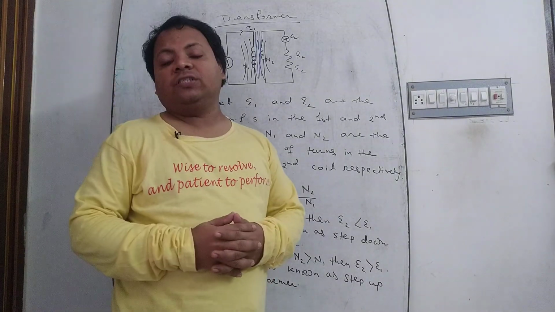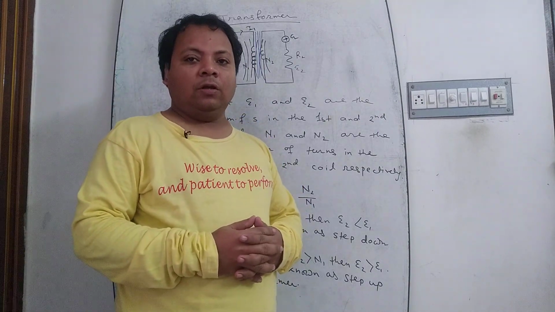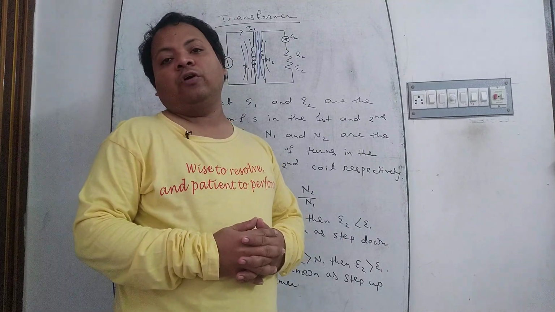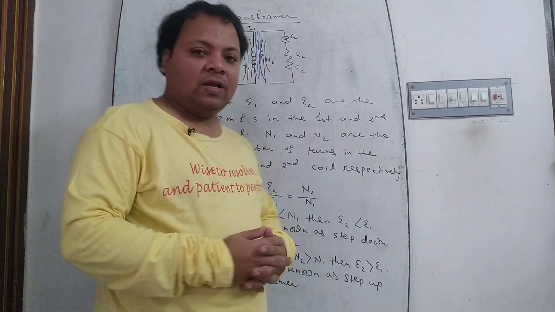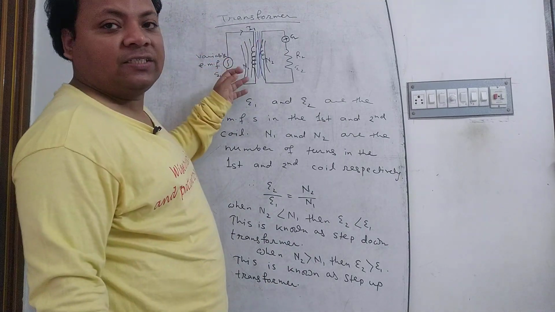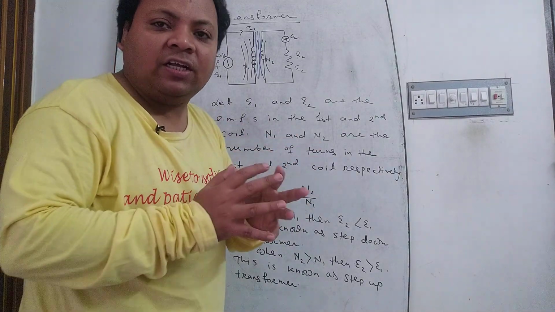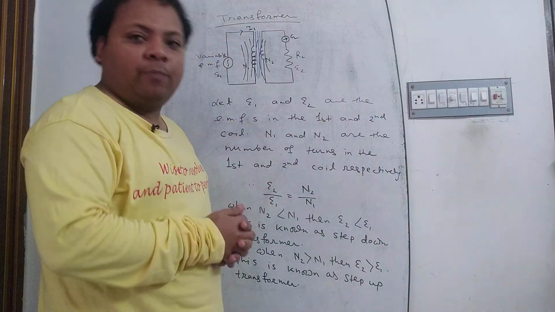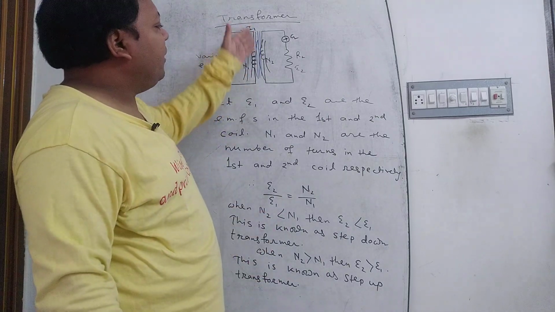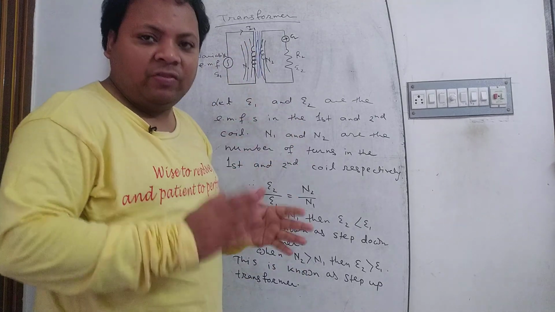Now I am going to discuss the working principle of a transformer. A transformer follows the rules of mutual inductance. Let these two coils, having turns N1 and N2, be attached to each other very closely but insulated, and some laminated iron cores are placed between them.